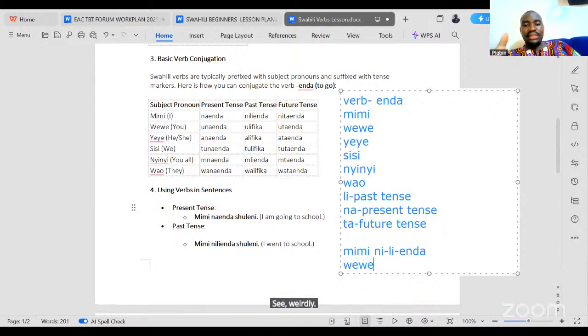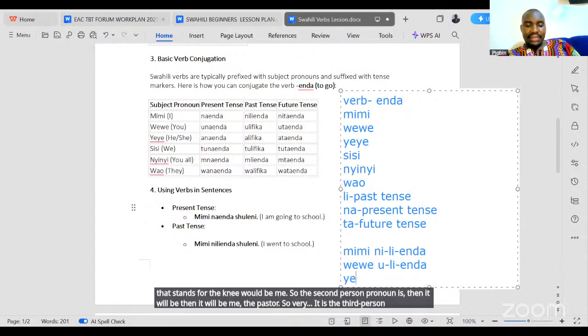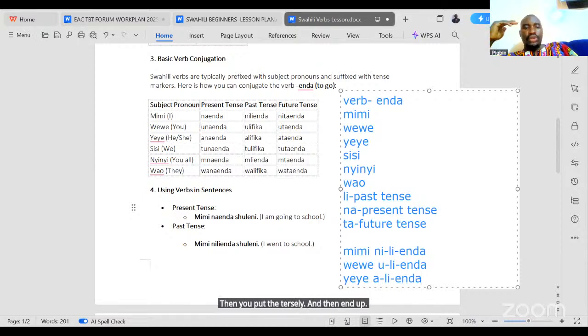If it is the second person pronoun, you will say wewe. Remember when I said in the first person pronoun, the pronoun that stands for mimi will be ni. So the second person pronoun is wewe, then it will be u. So wewe u, then it will be li, the past tense. So wewe uli, enda. If it's the third person pronoun, you say yeye, a, then you put the tense li, then enda. So you'll say mimi nilienda.